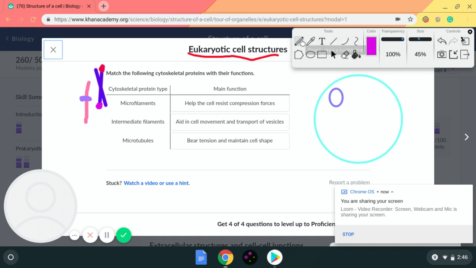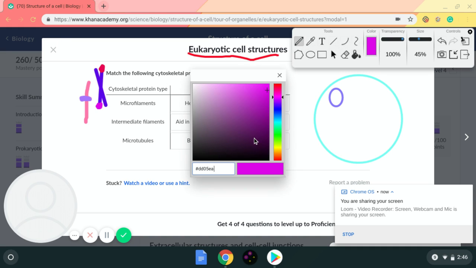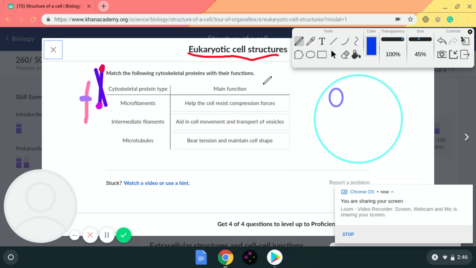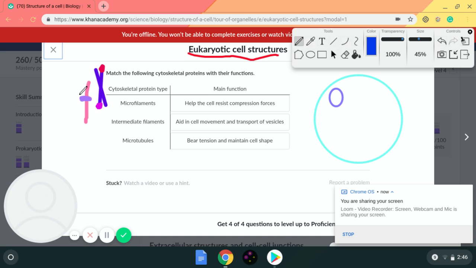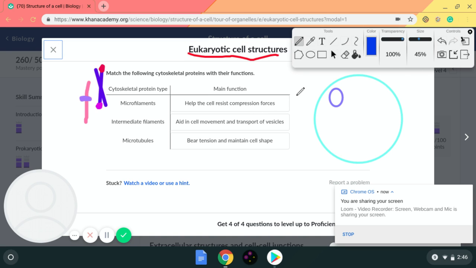The next one are intermediate filaments. These pull and push on the microfilaments to help make them move. It's what helps the cell move and gives it structure. And they don't really move around as much as the actin. They're kind of stationed, so you could say it's like this.